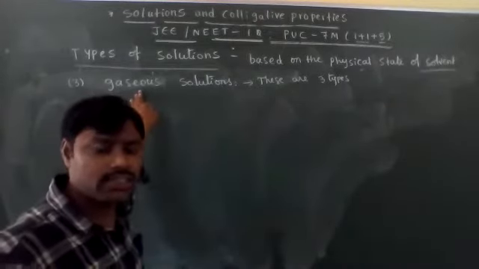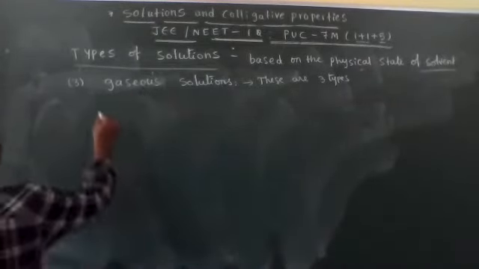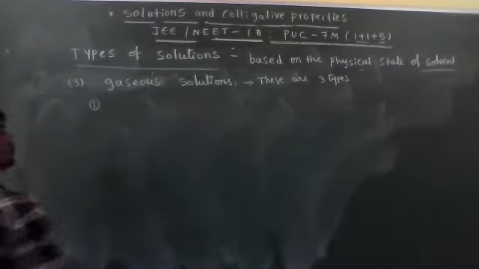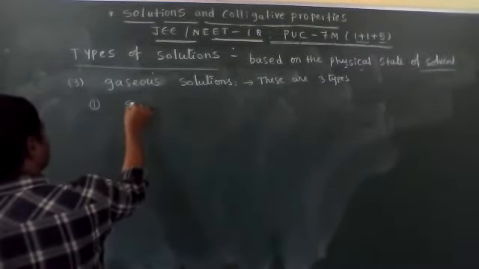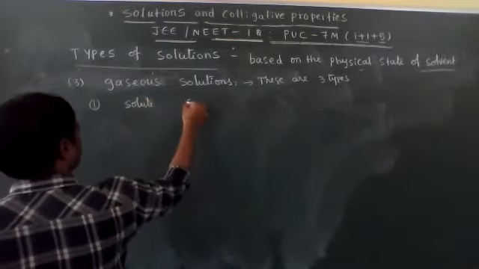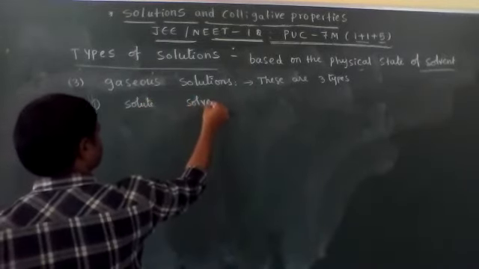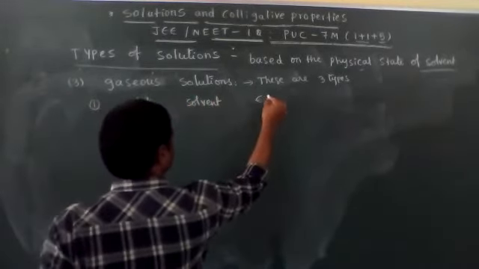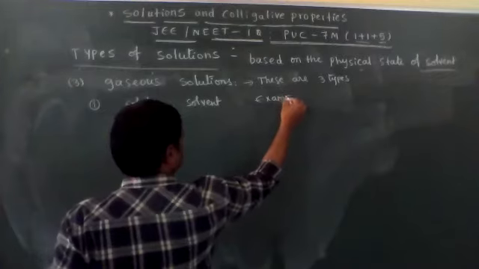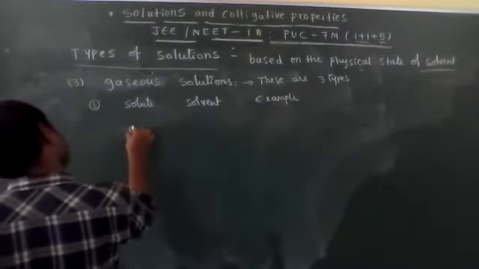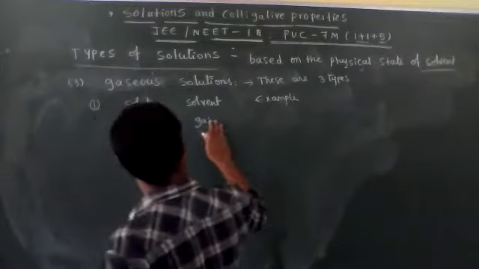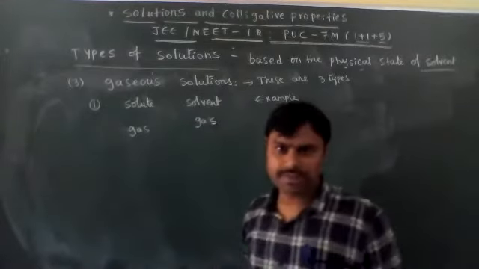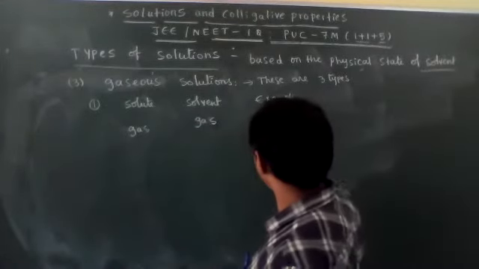Again these gaseous solutions are 3 types. What are those, dear students? First one, solute and solvent example: gas in gas. Gas in gas means air.